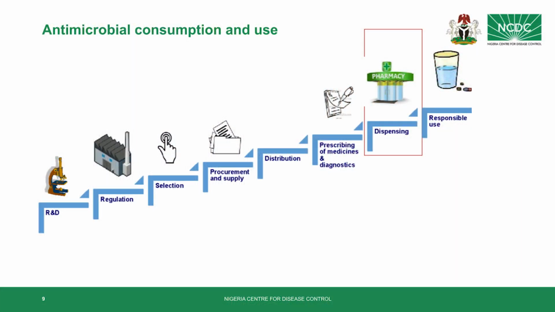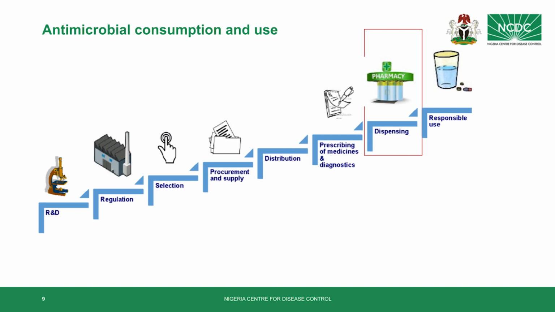So antimicrobial consumption and use can be shown across the value chain or the supply chain of antimicrobial agents, which starts with research and development, and of course regulations in countries and regions, and then moves into selection into essential medicine lists of various countries or even WHO. And then of course it will be procured and distributed, and then prescribing of medicines and diagnostics.